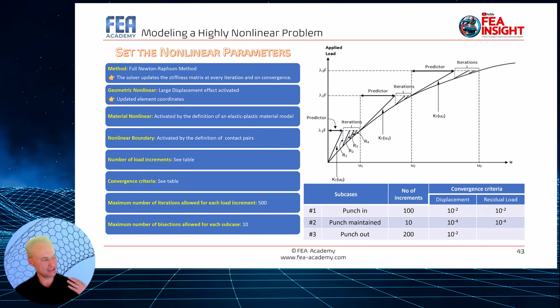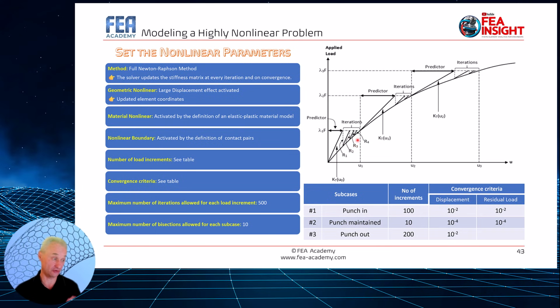For the maximum number of iterations allowed for each load increment, it is 500. So it means that for a load increment, I permit a maximum of 500 iterations.